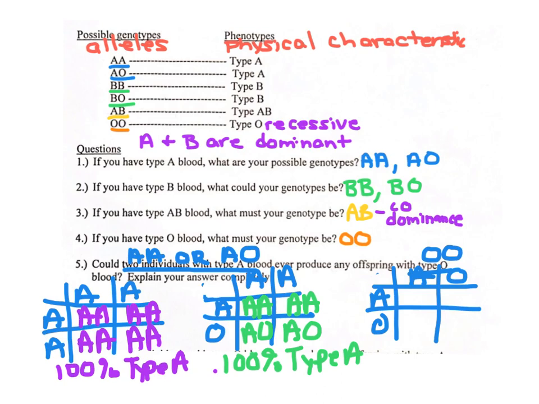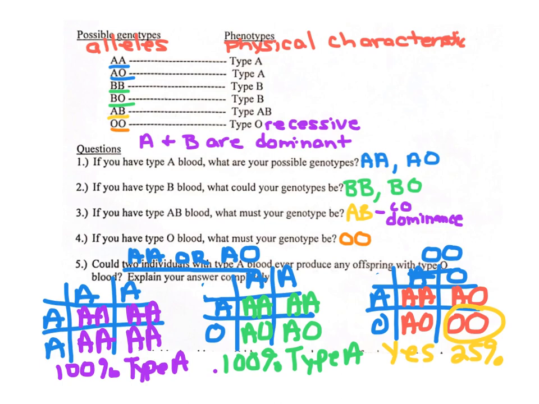Now, if we breed two heterozygotes, we'll get AA, AO, AO, and OO. So folks, is it possible? And the answer, in this case, is yes. We get a 25% chance.